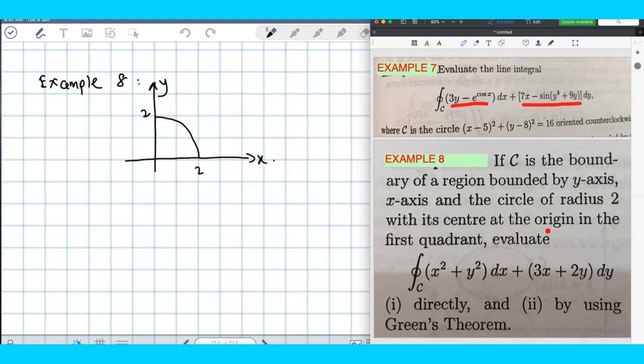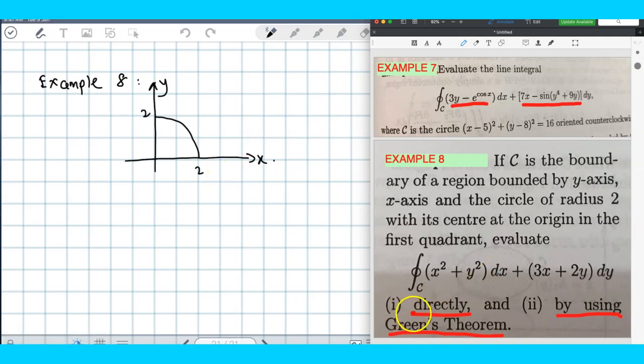How about they don't mention the direction. But since in this case they mention that there are two questions here, directly, and you also need to provide the Green's theorem. Meaning that if they ask for it, the conditions apply to use the Green's theorem.